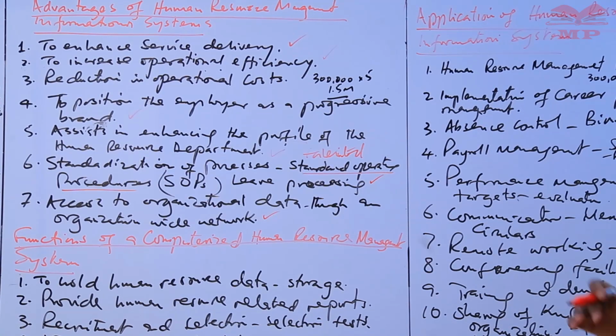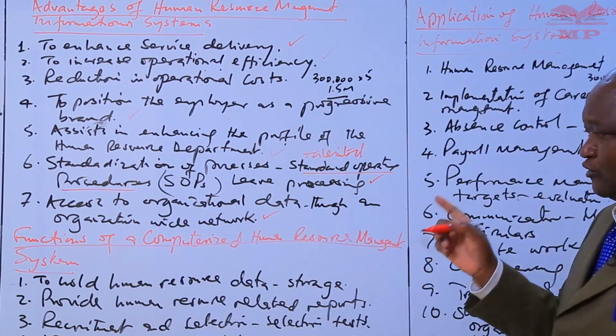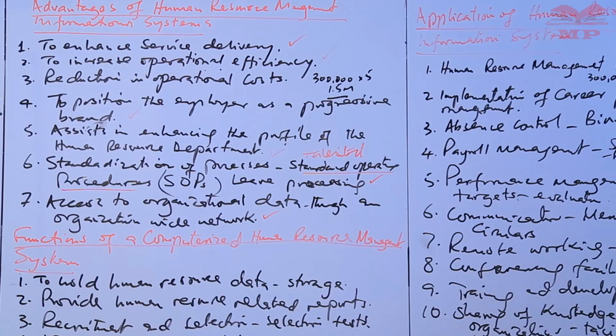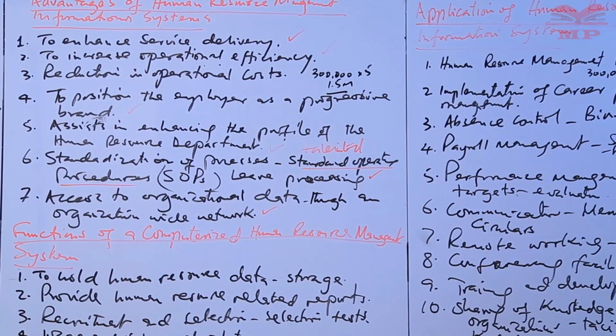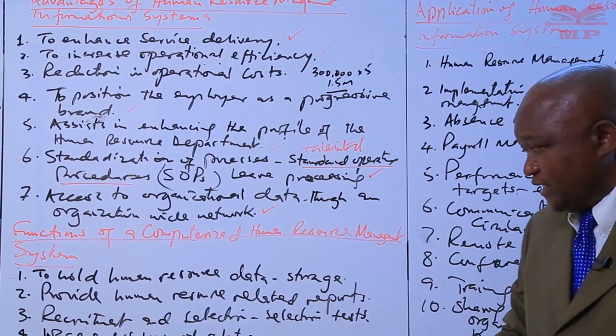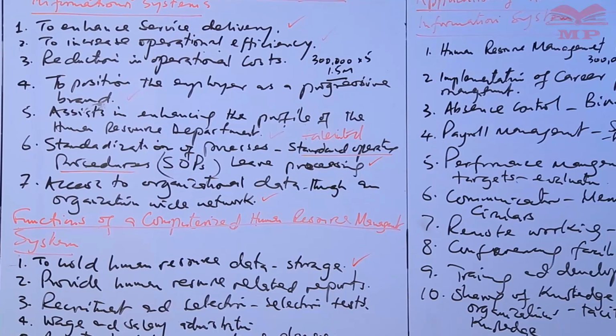information systems. Then we also looked at the functions of a computerized human resource management system. And we said, 1, where you have a computerized human resource system, it can be used to hold human resource data, that is storage. Then number 2, provide human resource related reports.